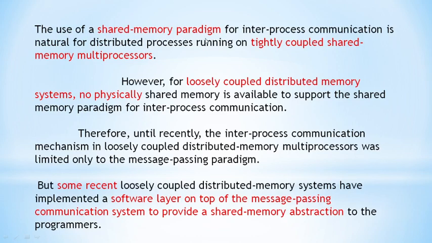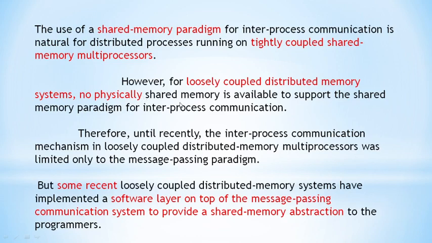The use of the shared memory paradigm means the concept of using the same address space by two or more processes. In loosely coupled distributed systems, as we discussed in lecture video 1, there will be no shareable address space and the processors will have their own memory.